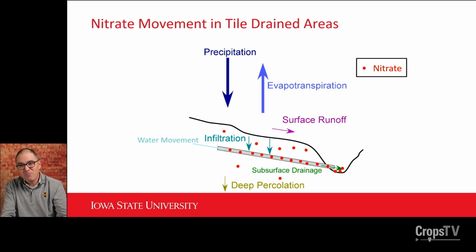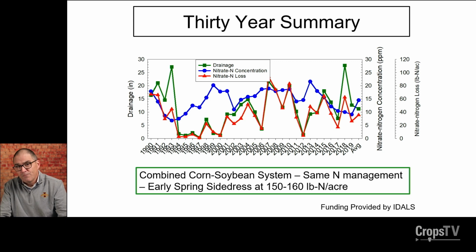So how do we balance drainage and nitrate loss? There are a lot of things we can do, and we're going to talk a little bit about that today. But first and foremost, from a crop production standpoint, drainage does benefit. But as we look at this slide, that drainage delivers nitrate to downstream water bodies. One of our challenges is that year-to-year variability really impacts nitrate loss.